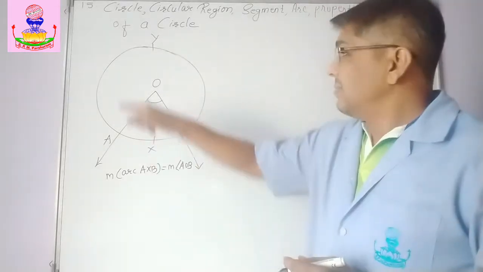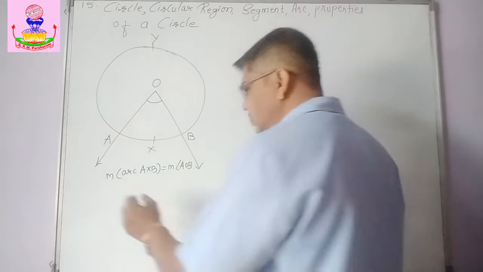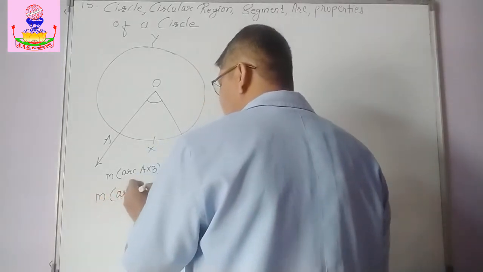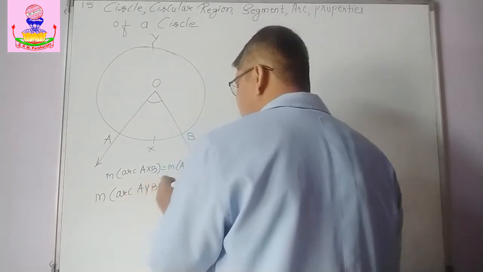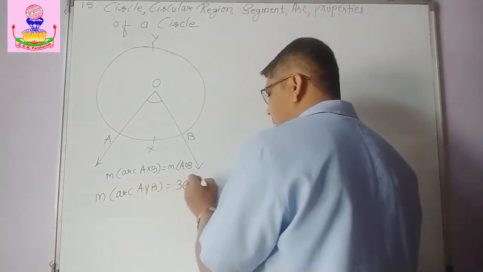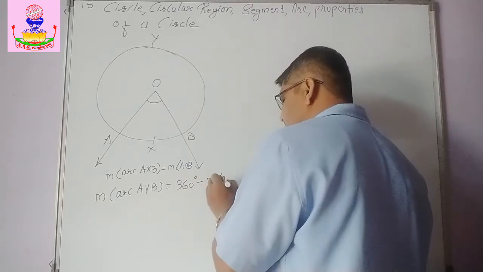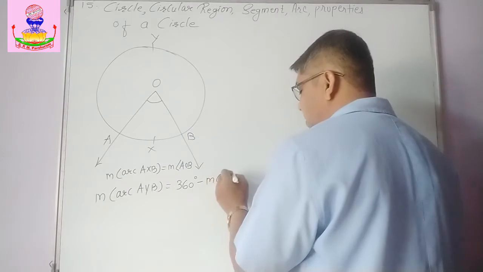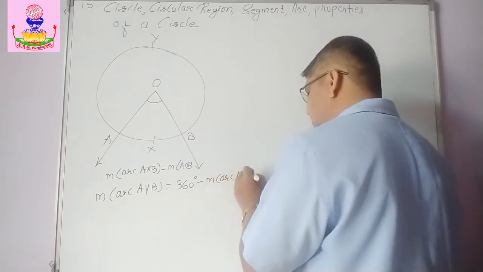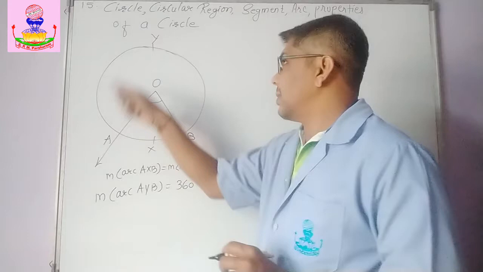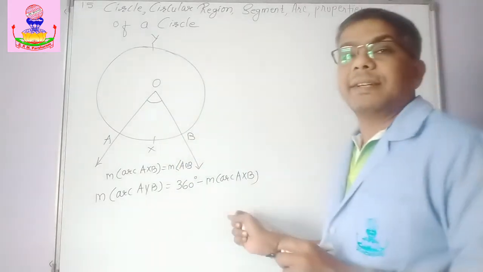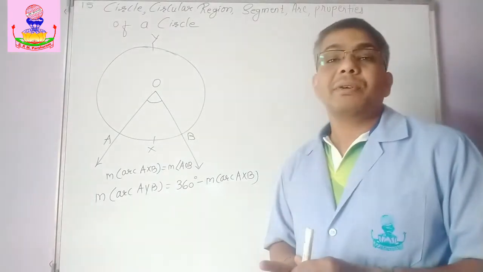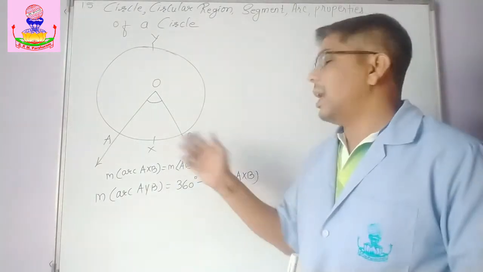So how do we get the measure of the major arc? The measure of arc AYB is equal to 360 degrees minus the measure of arc AXB. In that way we can get the angular measure of an arc.